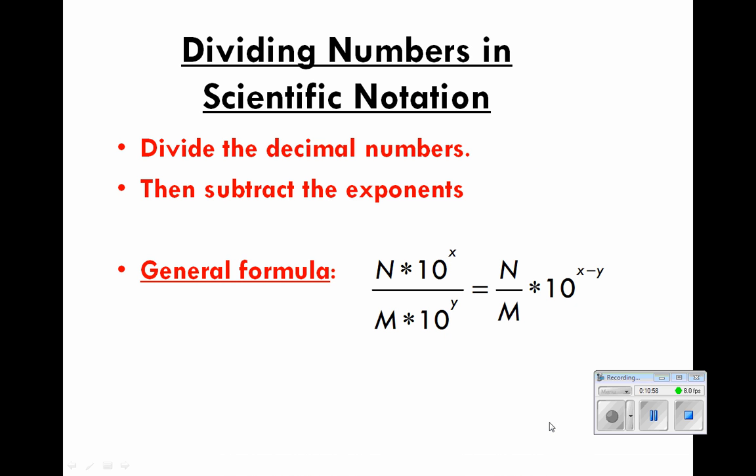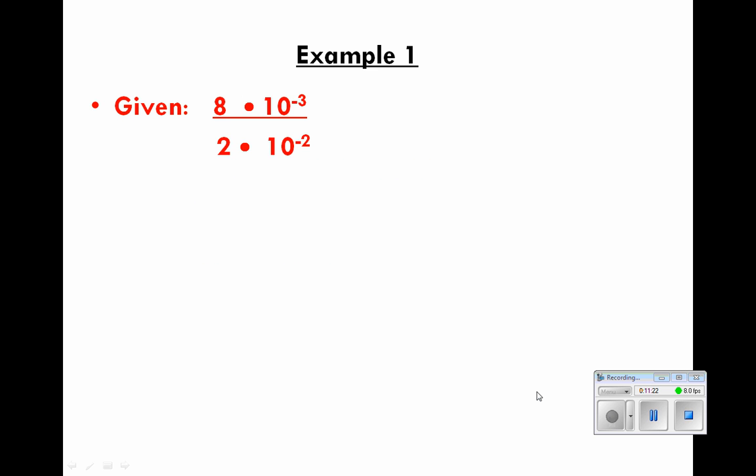All right, next example, we are dividing scientific notation. Divide the decimal numbers, and then for your base 10, so 10 raised to x divided by 10 raised to y, you keep the base, but subtract the exponents. So this will be our general formula. So first example, 8 times 10 raised to negative 3 divided by 2 times 10 raised to negative 2.